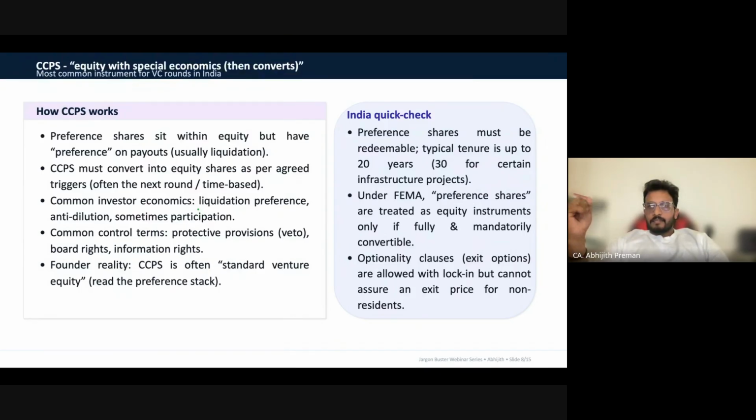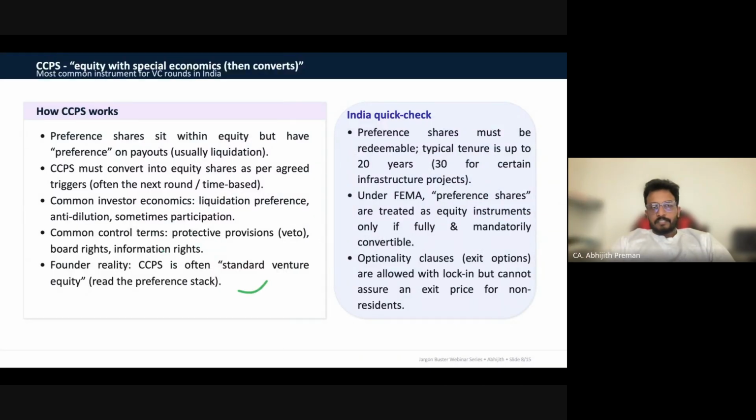In that case, they can keep special terms so that their preference shares will also get converted at the 20 crore valuation, to match whatever percentage they are holding, or to maintain that ownership. Okay. Then sometimes participation is because they can participate in board meetings and voting rights. Then common control terms: protective provisions, board rights, information rights. All these things typically preference shareholders, or investors, would be asking.